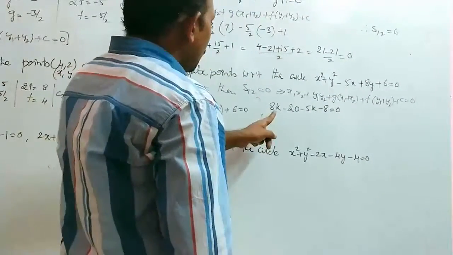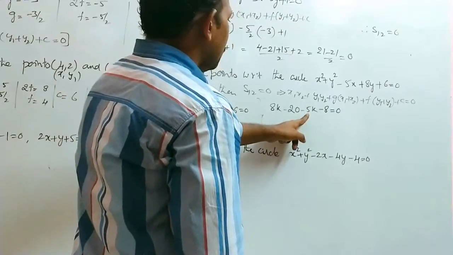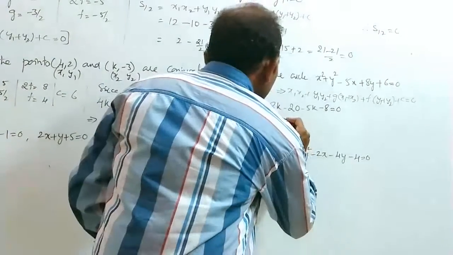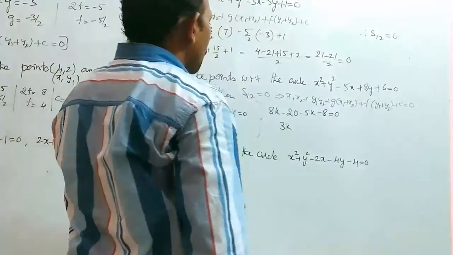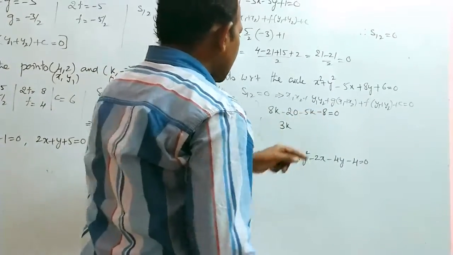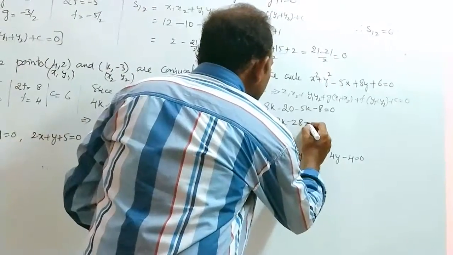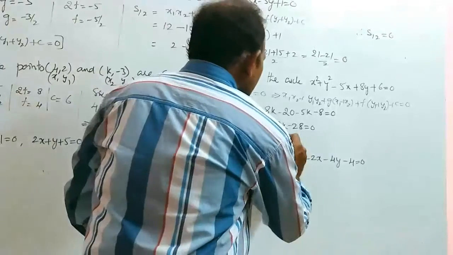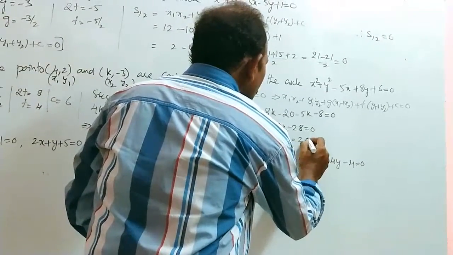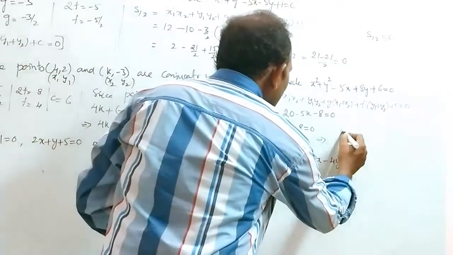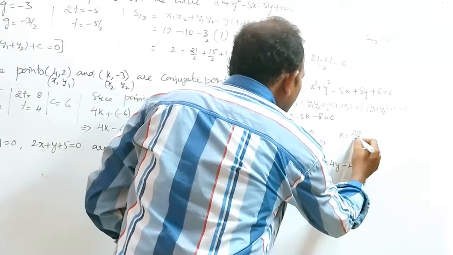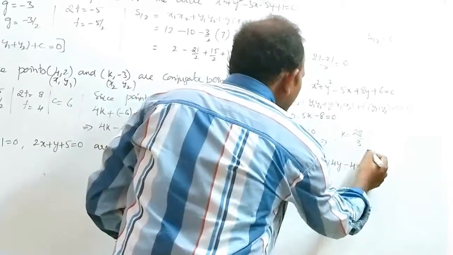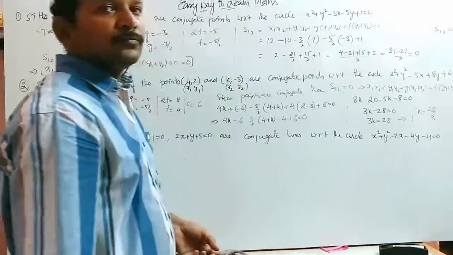Here plus 8k minus 5k, then it is 3k, minus 20 minus 8, minus 28 is equal to 0. Then 3k is equal to 28. That implies k is equal to 28 by 3, which is the required value.